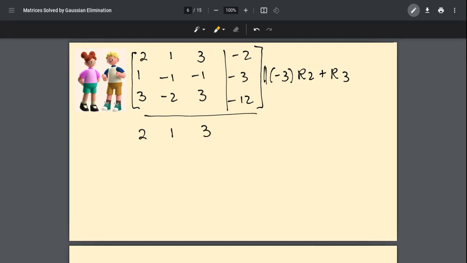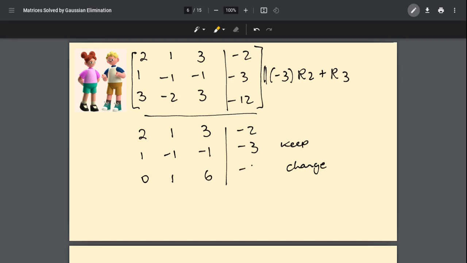Make no changes to the first one. Make no changes to the second one. And now my third one, okay, so I keep this one, change this one. I'm going to multiply, that will be 0. 3 minus 2, okay, that's 1.